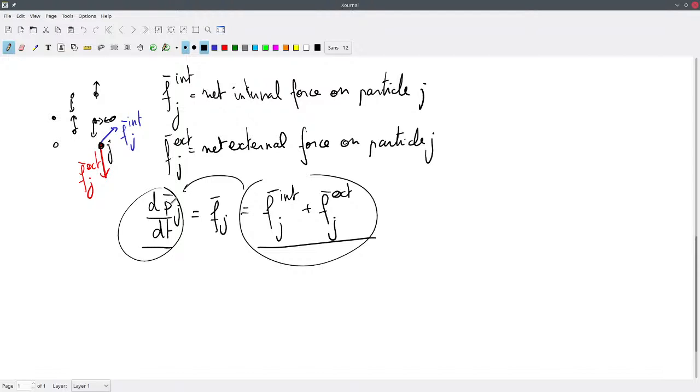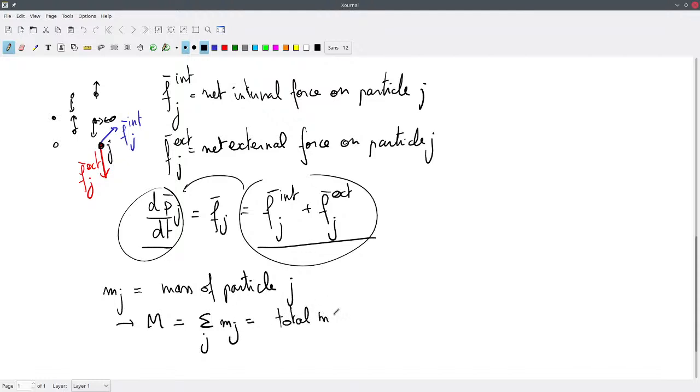So in that case, we're going to write mj is, of course, the mass of particle J. So that means that we can also introduce total mass m, which is the sum of mj. So that is the total mass of the entire collection of particles.